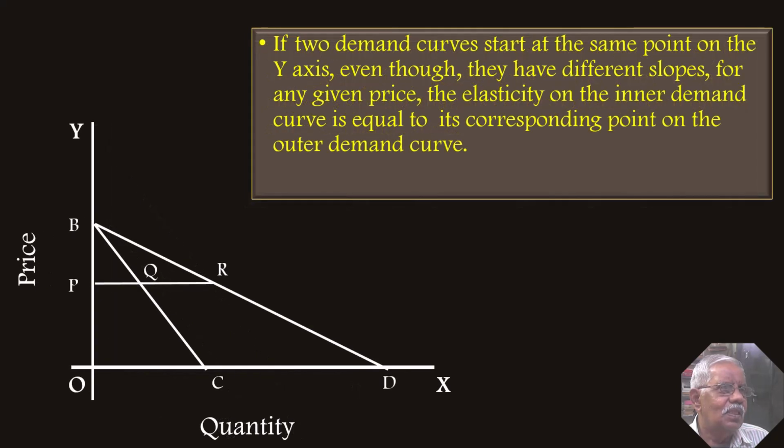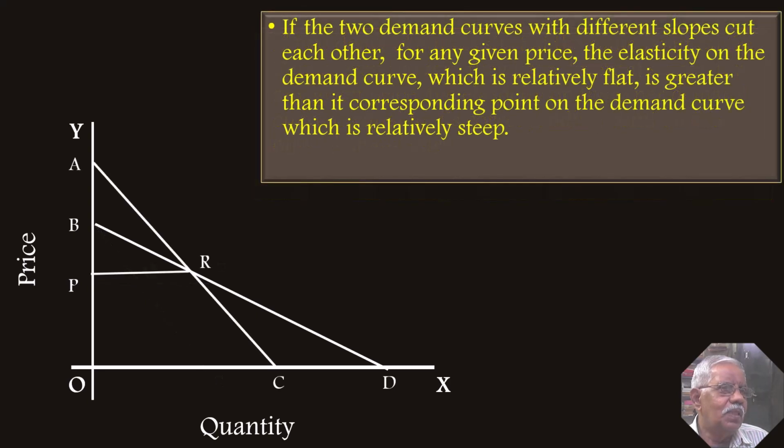2. If the two demand curves start at the same point on the y-axis, even though they have different slopes, for any given price, elasticity on the inner demand curve is equal to its corresponding point on the outer demand curve. 3.